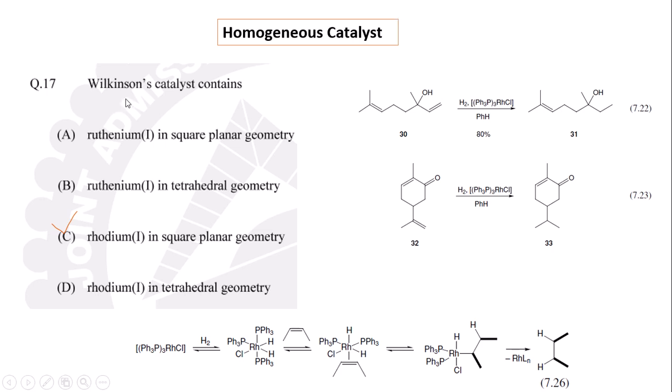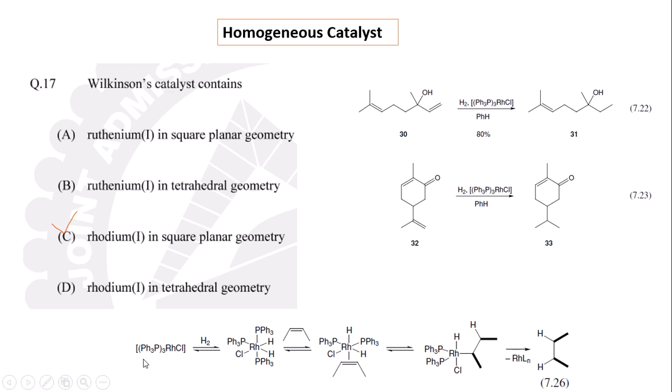What is the homogeneous catalyst? We know that the homogeneous catalyst is the catalyst where the substrate and the catalyst are present in the same medium, that is the homogeneous. And Wilkinson catalyst is the example of the homogeneous catalyst.